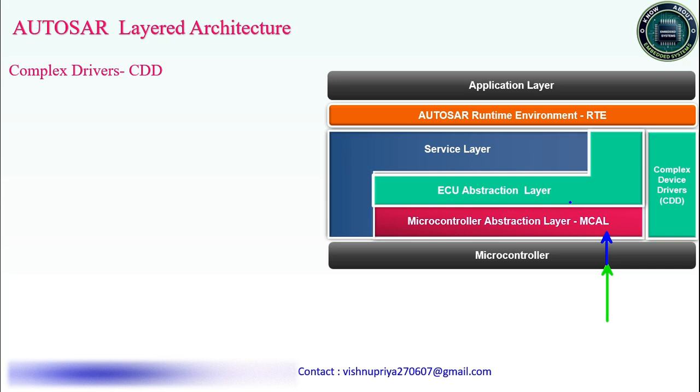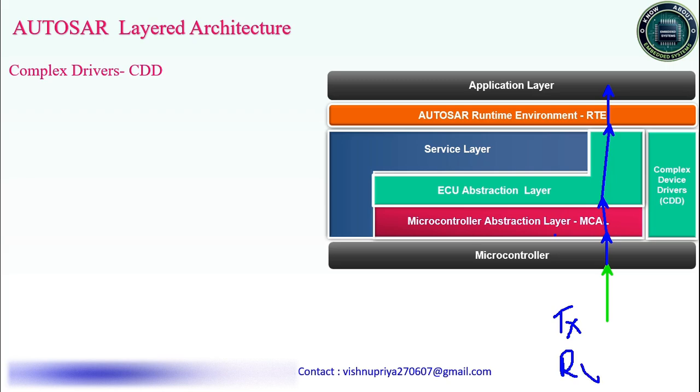From the microcontroller abstraction layer, it is routed to the ECU abstraction layer. From the ECU abstraction layer, it is connected to your RTE, then the RTE connects to the application layer. This is the path you have to follow in your AUTOSAR environment whenever you want to transmit or receive any data.